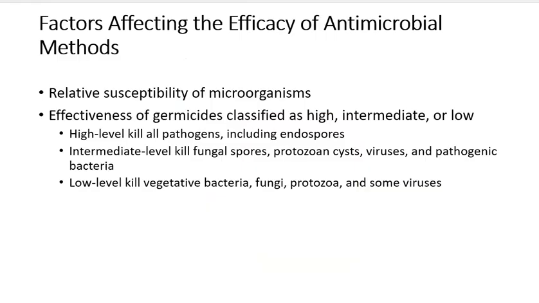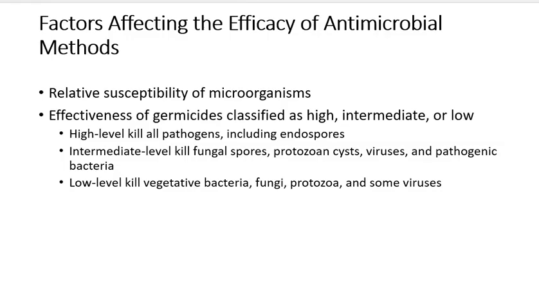Okay. All right, some of the things that can affect the efficacy or effectiveness of these methods. First of all, again, what I just talked about, the susceptibility of the microorganism itself. How easy is it to kill? When we use these control methods, we classify germicides as either high level, intermediate level, or low level.